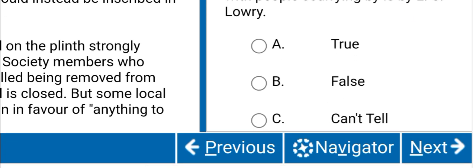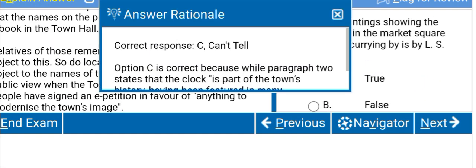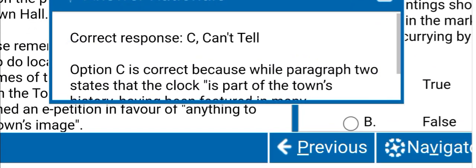Option A, true. Option B, false. Option C, can't tell. So let's see which option is correct. The correct response is option C, which is can't tell.